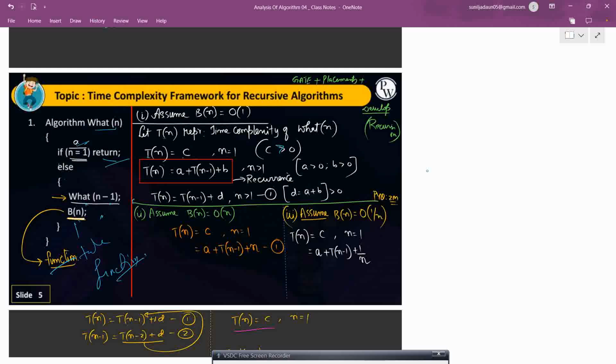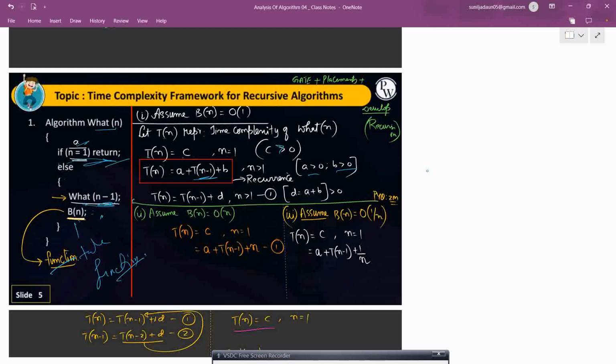Else, let's say this comparison takes A time, T of n minus 1 is for the call to A of n minus 1, and B time is what the B function takes, where A is greater than 0 and B is greater than 0.